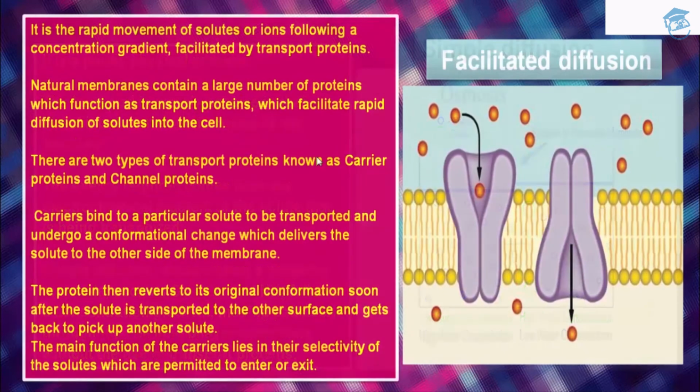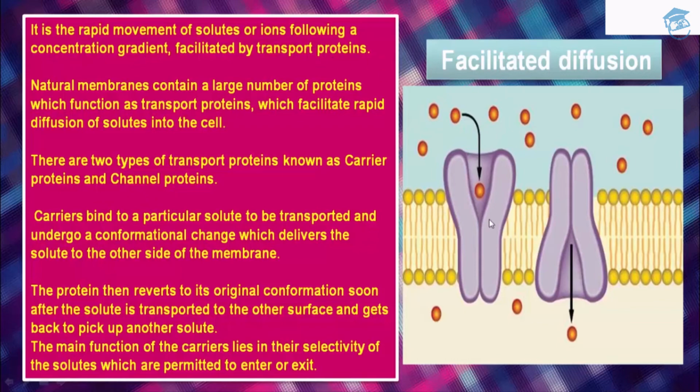Okay, now comes your facilitated diffusion, students. What is that? Facilitated diffusion, you can say, requires transport proteins or carrier proteins or channel proteins. Okay, so it is a rapid movement of solute or ions following a concentration gradient facilitated by transport proteins.